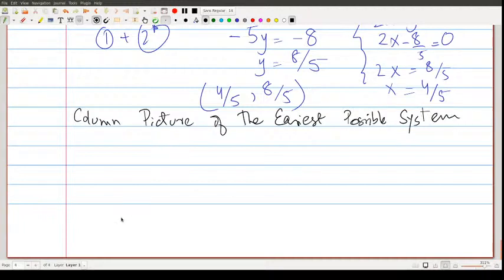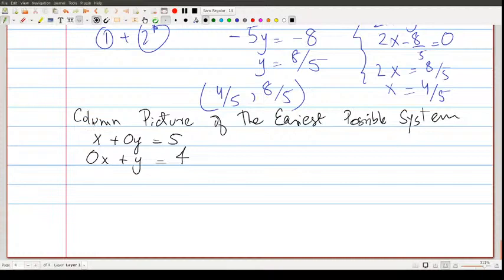And what is this easiest possible system? Let's suppose I write a system of equations x plus 0y equals 5, and I write another equation, 0x plus y equals 4, right?